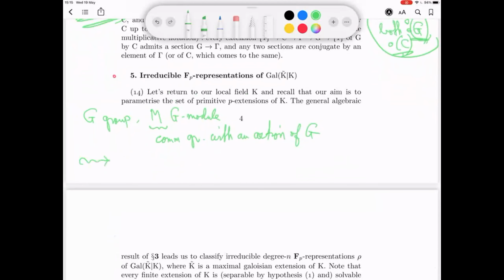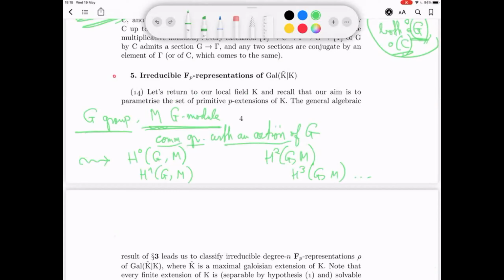Then in this situation, you can define various other groups called H0(G,M), H1(G,M), H2(G,M), H3(G,M), and so on. So what are these things? G is any group, M is a G module, which is the same as saying that it's a commutative group with an action of G. Action of G means there's a homomorphism from G to the group of automorphisms of this commutative group M. So H0 is just the set of fixed points.